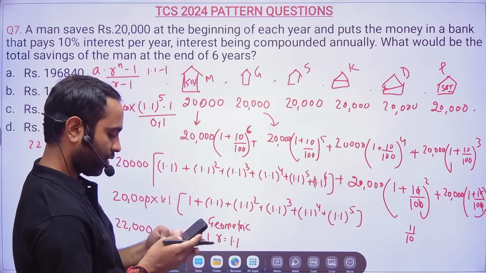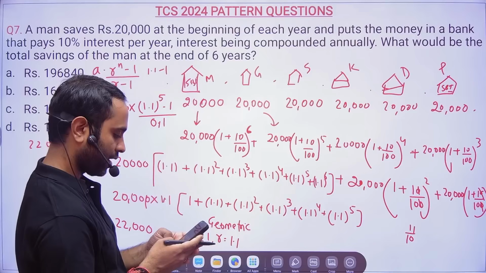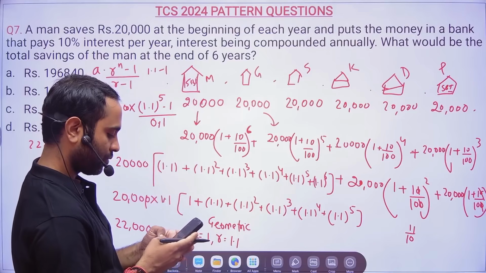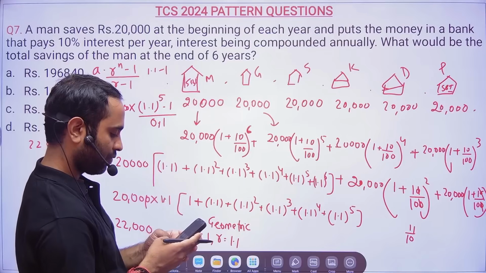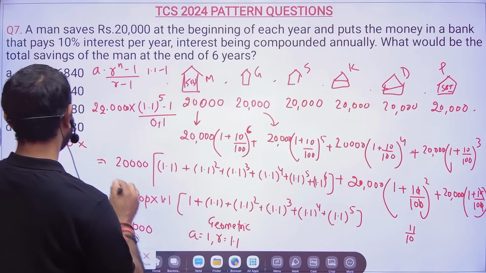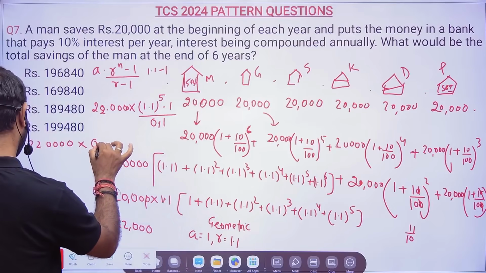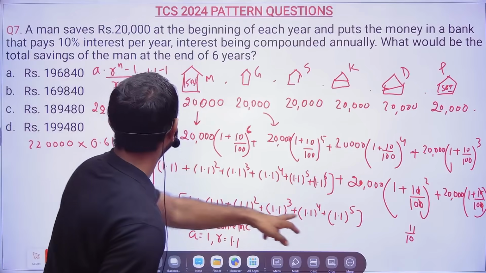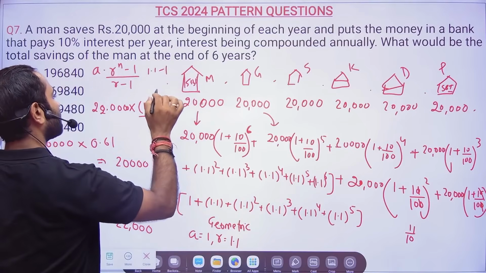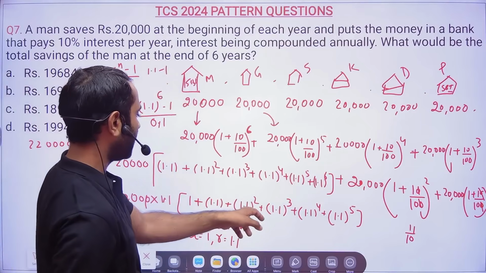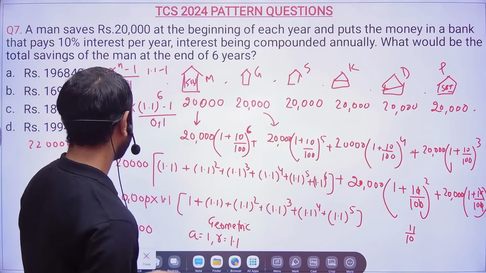On the calculator, 1.1 into 1.1 into 1.1 into 1.1 into 1.1, so it will be 1.6 something minus 1, equal to 0.61. Okay, I'm sorry. It will be 6 terms. So here it will be 6, because 1, 2, 3, 4, 5, 6, right? Total 6 terms are there.